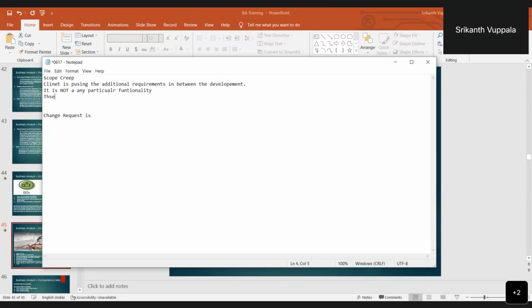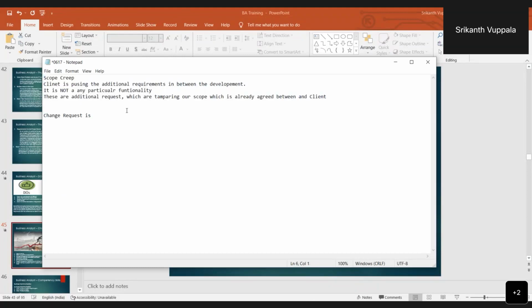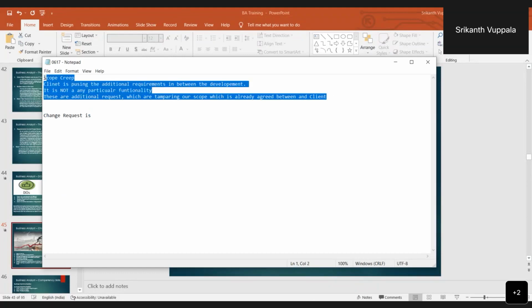These are additional requirements which are tampering with our scope, which is already agreed between us and the client. So a scope creep will affect the entire scope of the project.